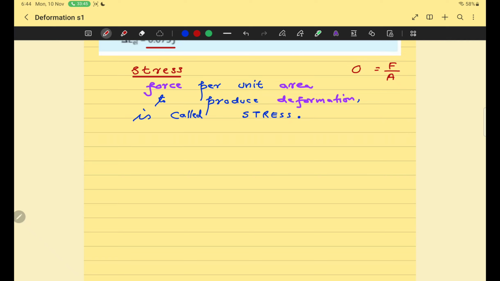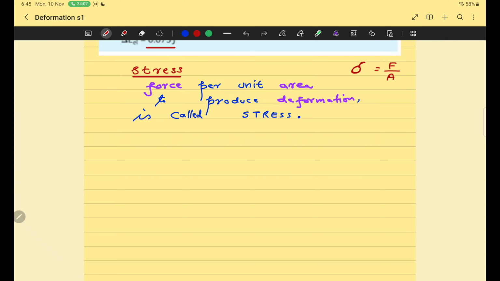It is like a 6, but it is not 6. We read it sigma. This is a small letter of sigma; the capital letter sigma is different.